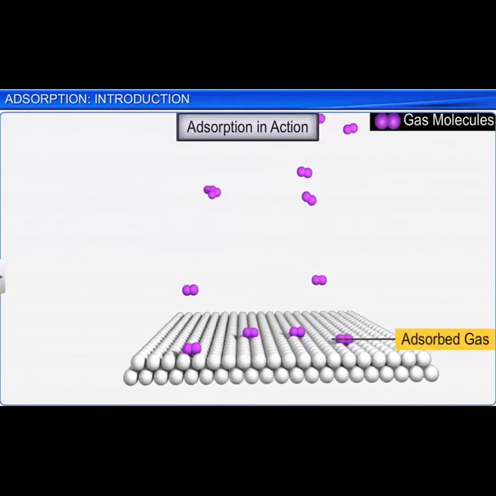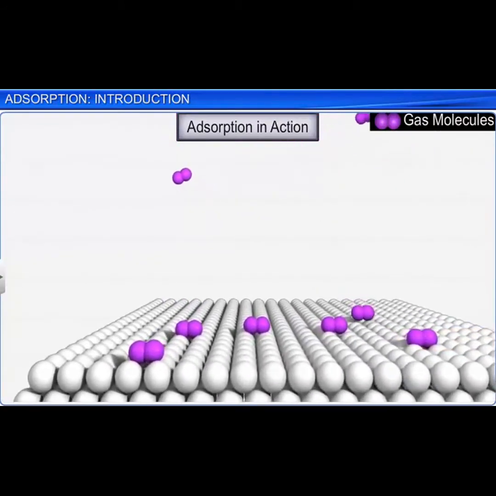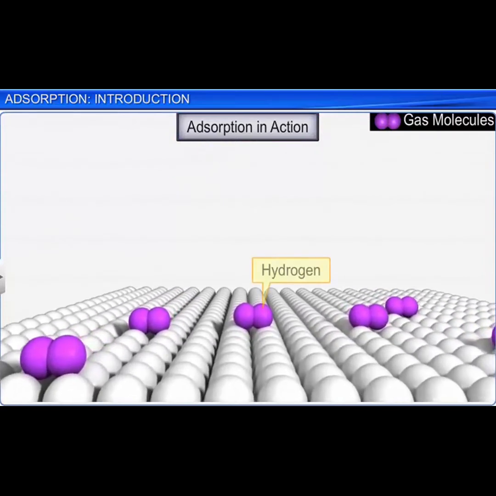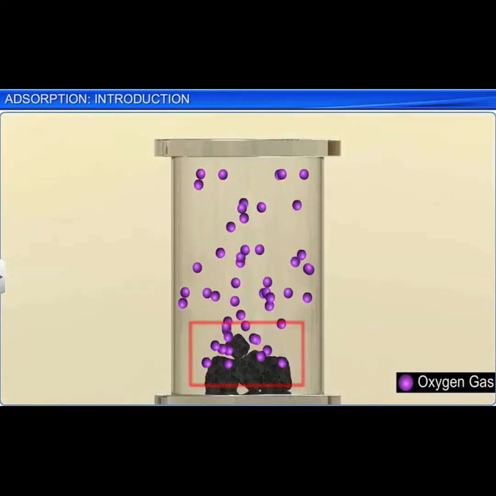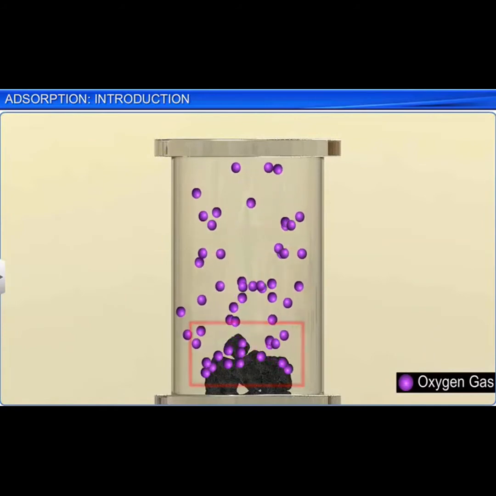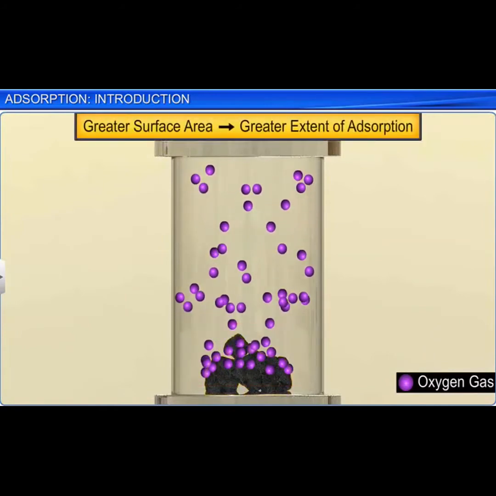The adsorption of a gas on the surface of a metal is called occlusion. For example, hydrogen is adsorbed on the surface of nickel or palladium. It is important to note that adsorption is a surface phenomenon. Hence, greater the surface area of the adsorbent, greater is the extent of adsorption.